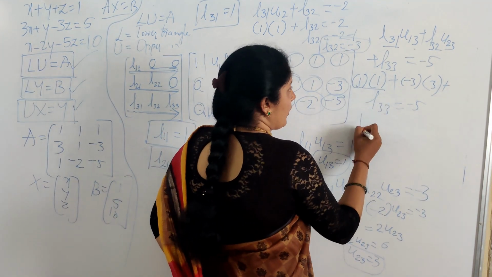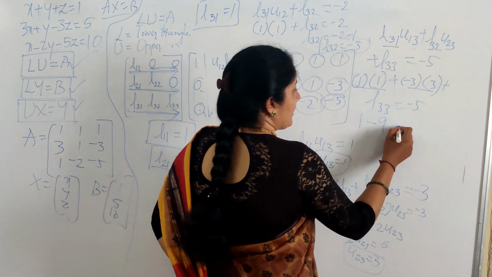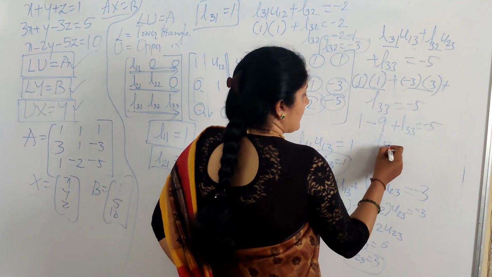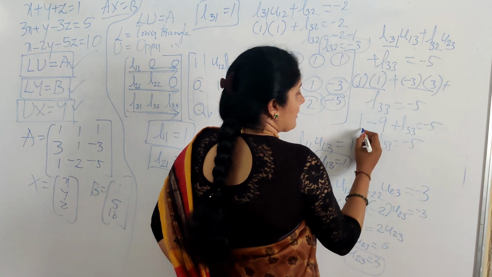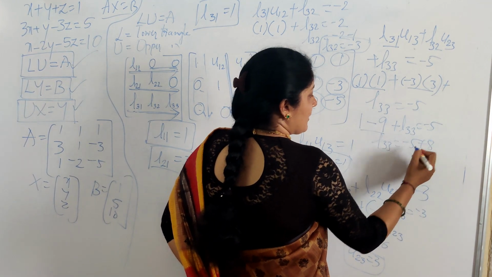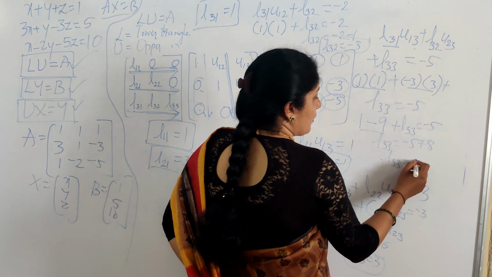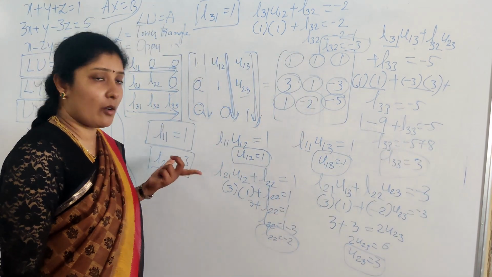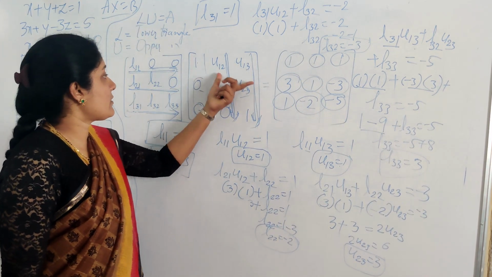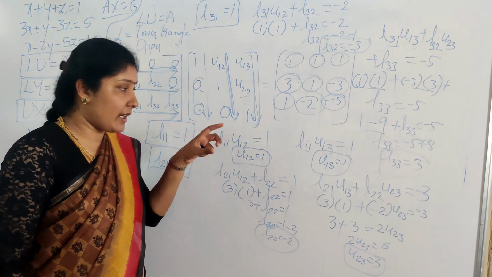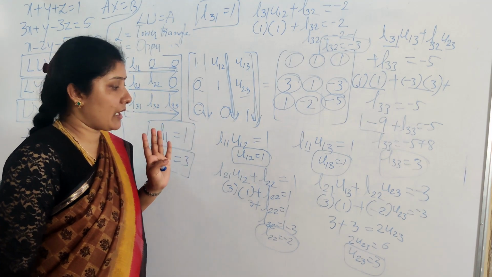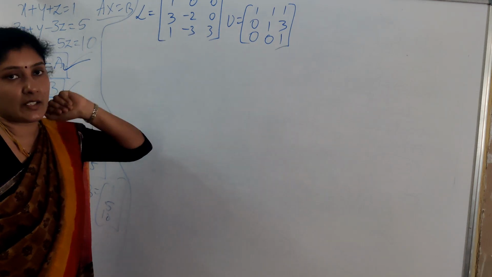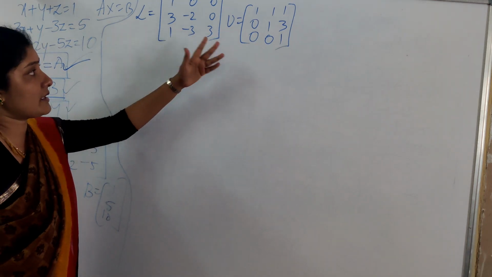So here is 1 minus 9 plus L33 equal to minus 5. So L33 equal to what? Minus 5, and this is minus 8, it becomes plus 8 here. Therefore L33 equal to 3. So now we have got all the values of the unknowns. Now let me write the lower triangle matrix as well as the upper triangle matrix, that is L as well as U.